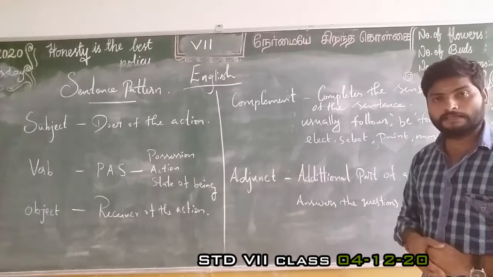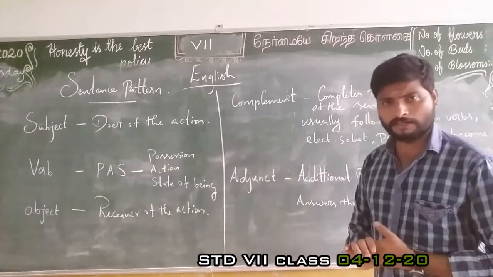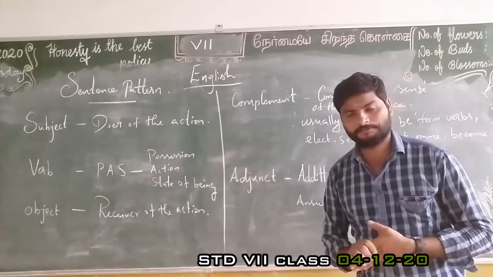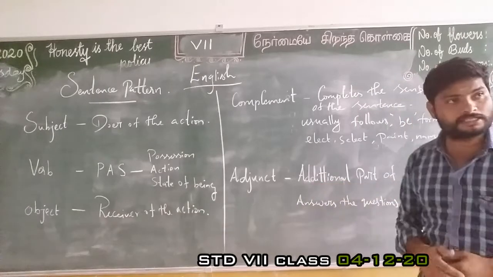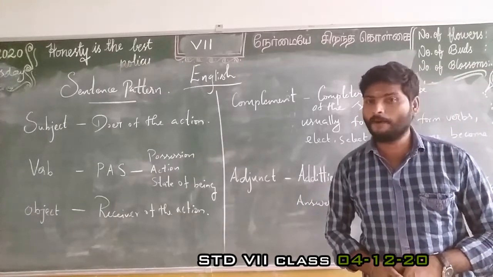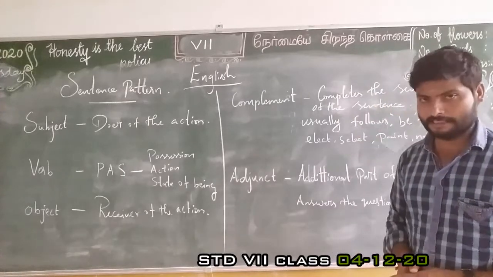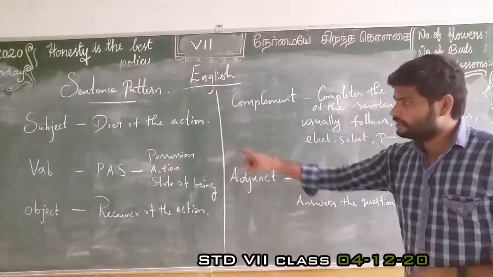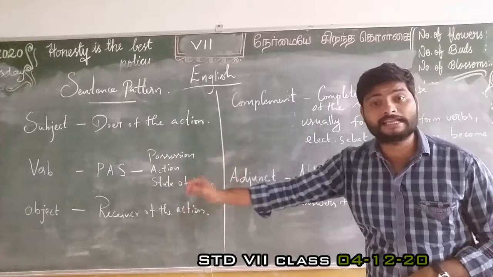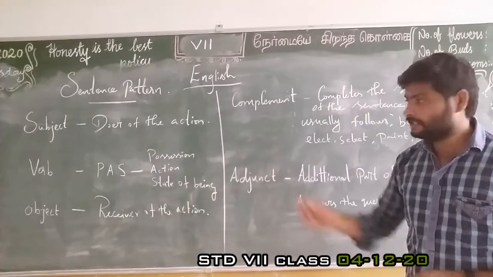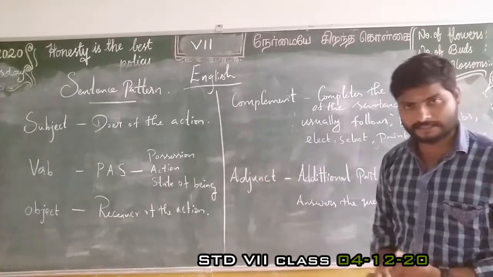Then the final thing is adjunct. What is an adjunct? Adjunct is the additional part of a sentence, because these 4 are mandatory, necessary parts. These aspects are very basic and necessary things of a sentence.